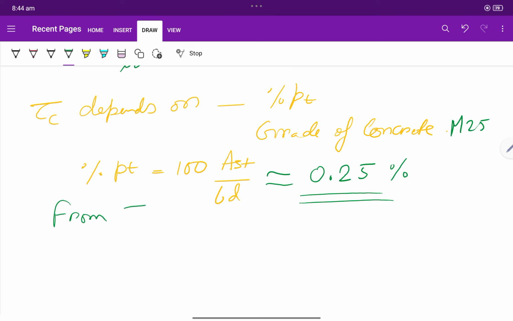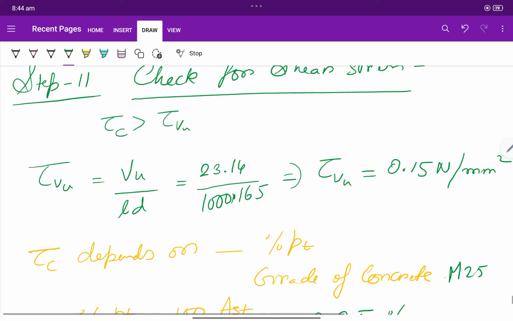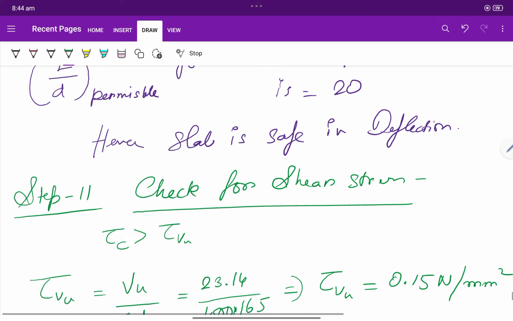From table 19, for 0.25 the tau c value is 0.36.